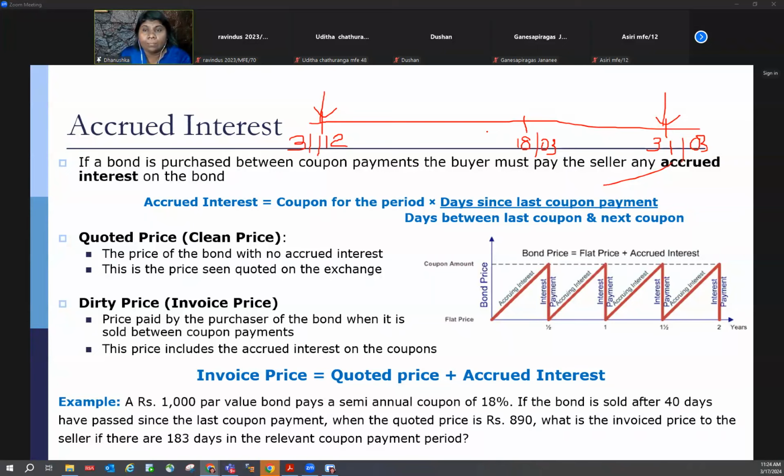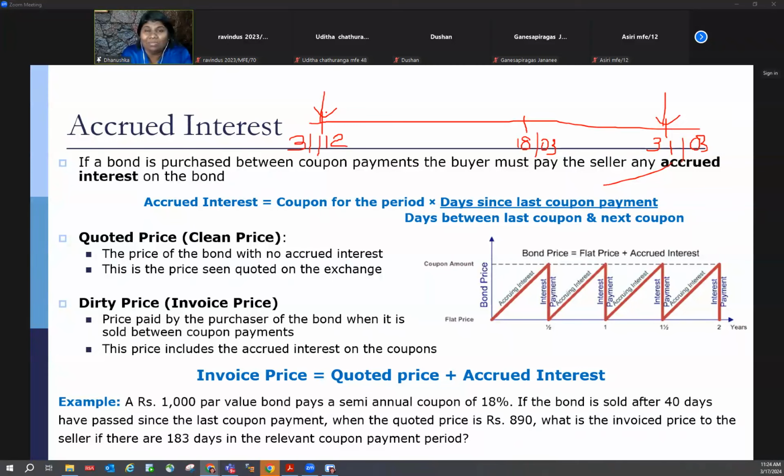The problem is this: the next coupon will be paid to the person who buys this bond. The coupon is paid to the person who holds the bond at the time the coupon payment is made.